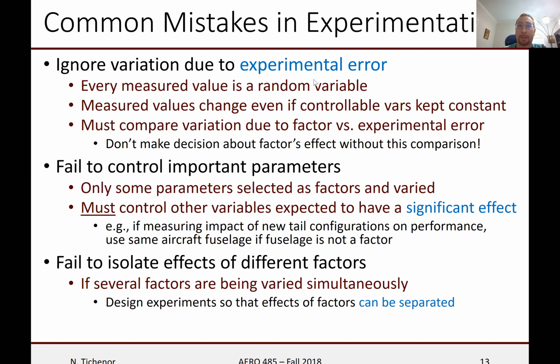So now, partly related to blocking, there are some errors that can happen in an experiment. If the variation in temperature has a significant effect on the outcome, then you're introducing a lot of error in your measurements.